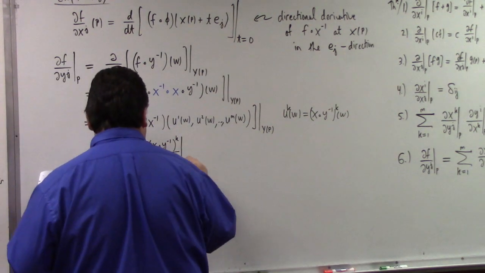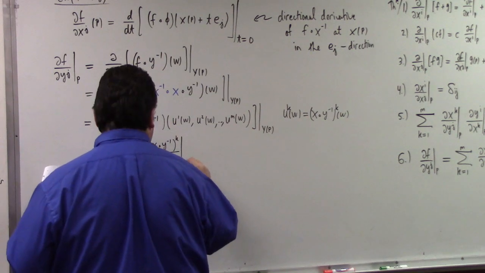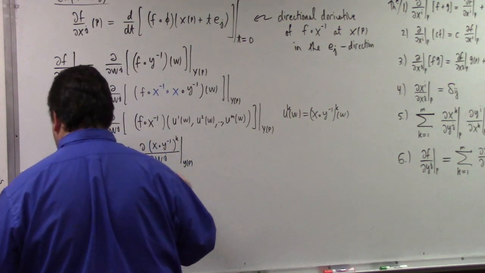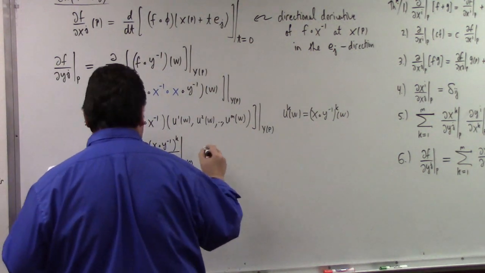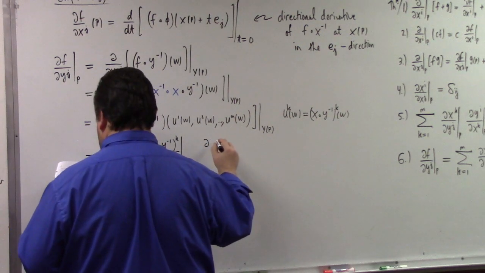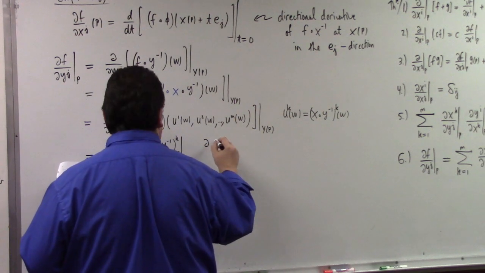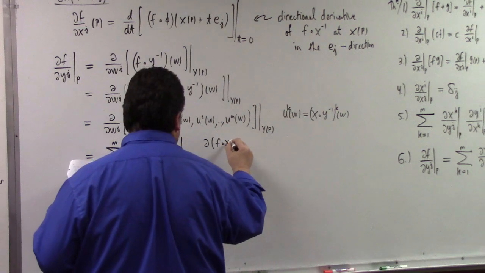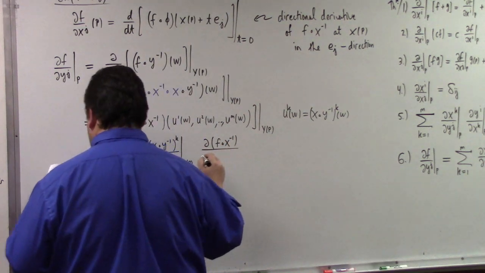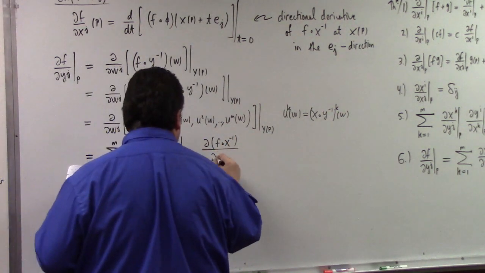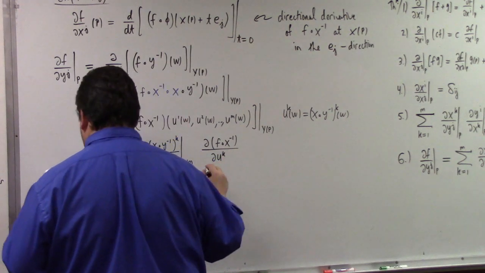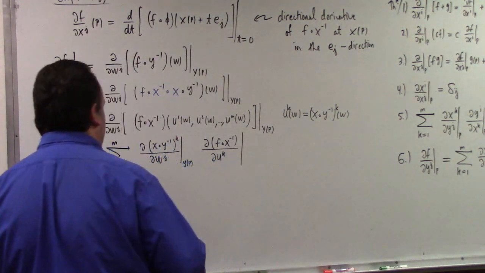That gets evaluated at y of p, and then times the partial derivative of f composed with x inverse with respect to uk, evaluated where?